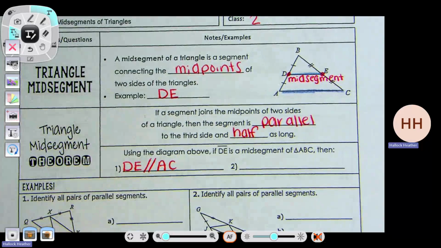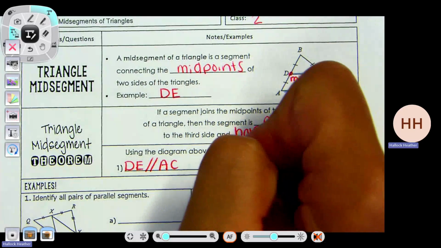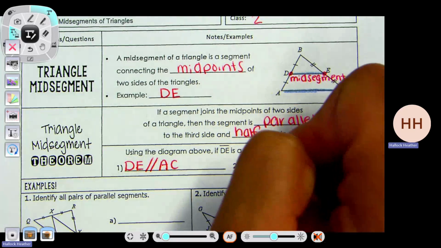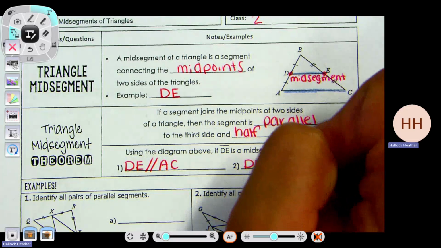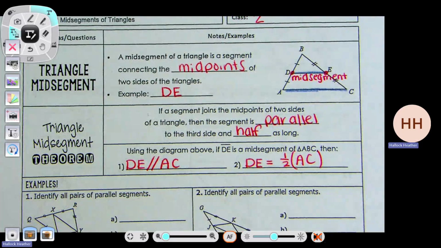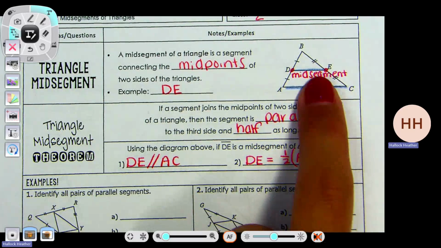So your brain is going to work in two different ways. You can either think that you're cutting something in half to make the inside, or if you're given the inside, you can double it to go out. So we're going to say that DE is equal to half of AC. So if the outside is given, the long piece, the middle is half as much.